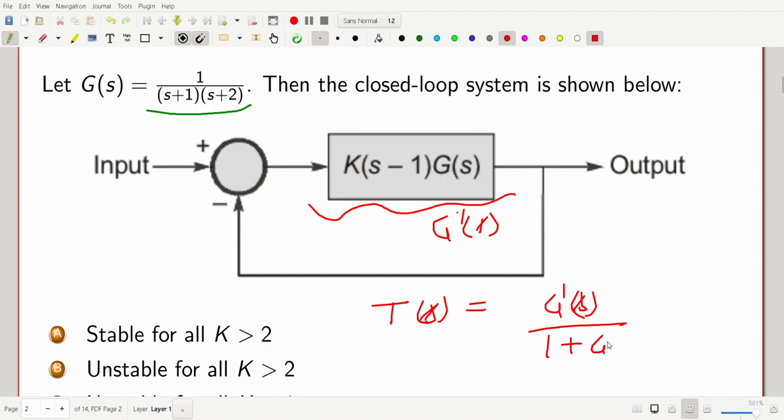If it is positive feedback, it will be negative. But generally in most control systems, we use negative feedback. And our unity feedback is here, so H(s) transfer function will be 1.